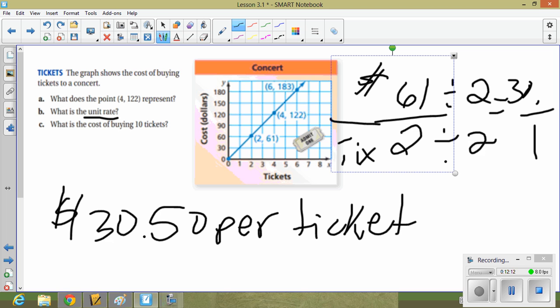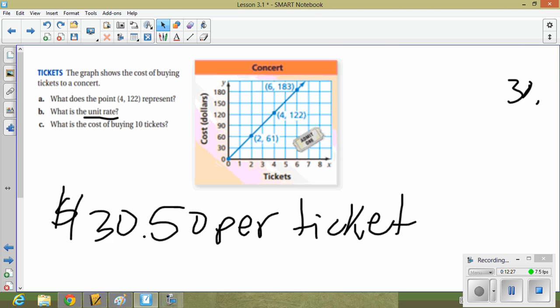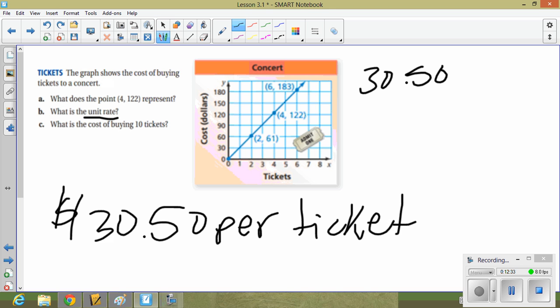All right, now that I know question B, what's the unit rate, or how much 1 ticket costs, I could answer question C. What is the cost of buying 10 tickets? Well, that's pretty easy at this point. If I know what 1 ticket costs, I can just take this number, $30.50, and multiply it by 10.